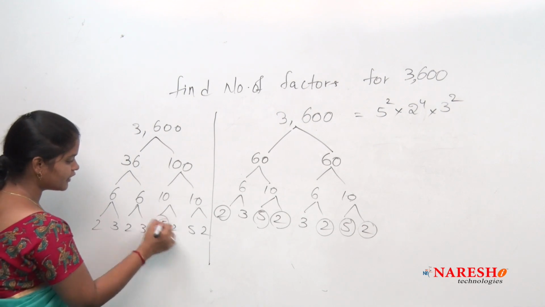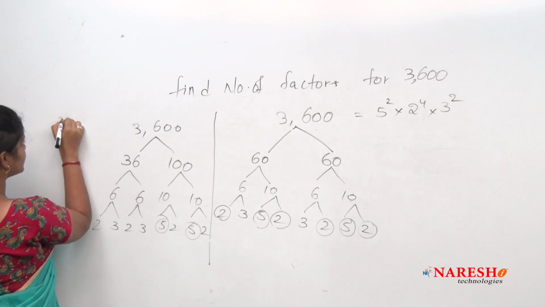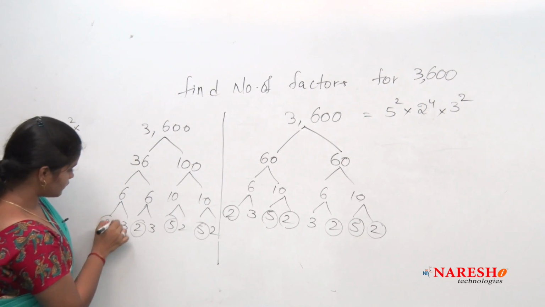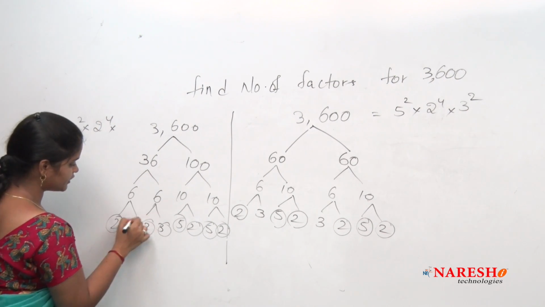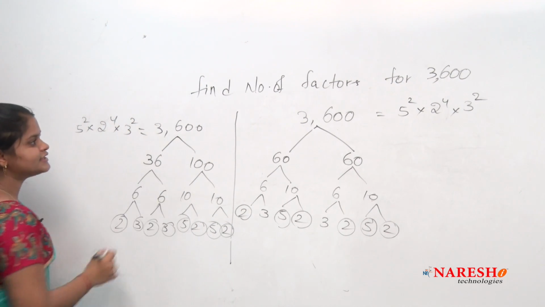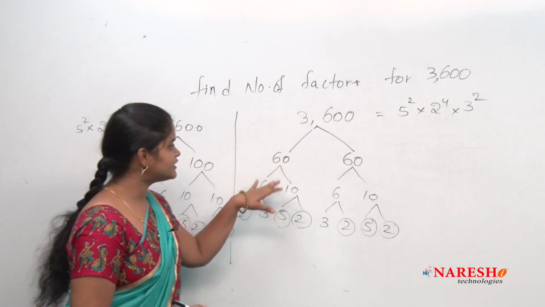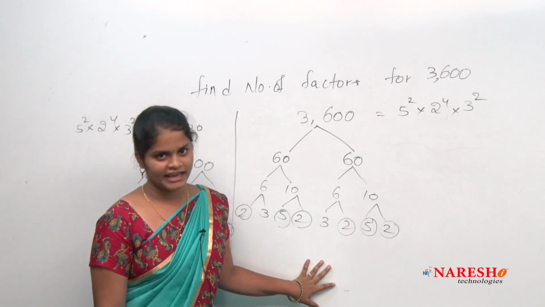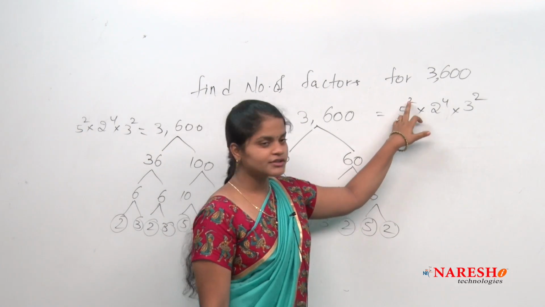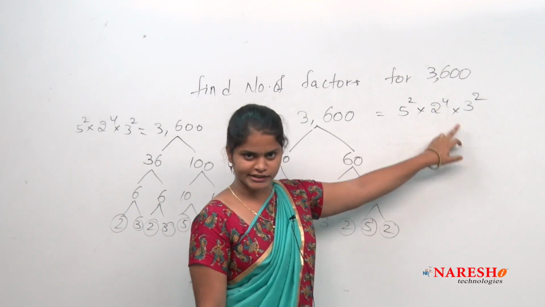So let's write 5 square into 2 to the power of 4 into 3 square. See, both are the same. You can divide the number as you wish, but finally you will get the same result. So it is 5 square into 2 to the power of 4 into 3 square.